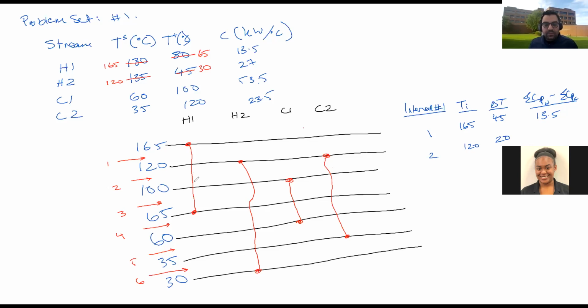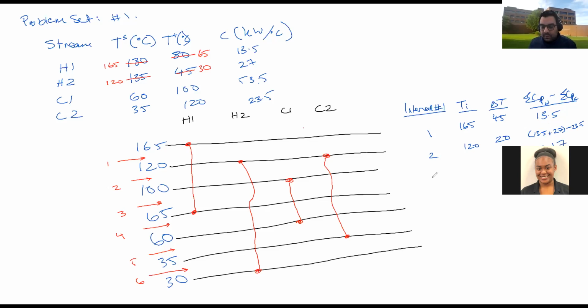Summation of Cp hot is 13.5 plus 27, minus summation of cold streams, which is just C2, 23.5. 13.5 plus 27 minus 23.5 is going to be 17.